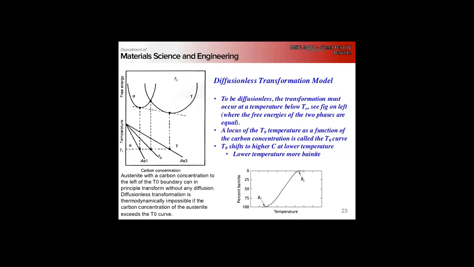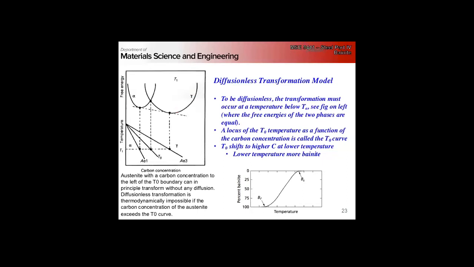And that's what gives us the shape of the amount of bainite that forms at a given temperature. It's how far over we can shift that T naught curve. If we can shift it over far enough that, if we go to all bainite, we don't ever exceed the T naught composition, then we'll get 100% transformation.